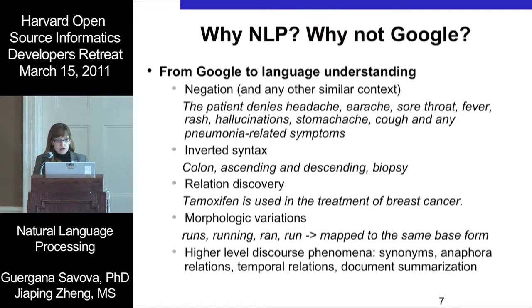So, as I said, I want to distinguish ourselves from what Google does, because we don't do keyword matching. We try to get to the language understanding, because that's very important for mining the clinical narrative and the biomedical literature. So we want to get to attributes of the mentions, like the negation. We want to find relations between the different mentions.